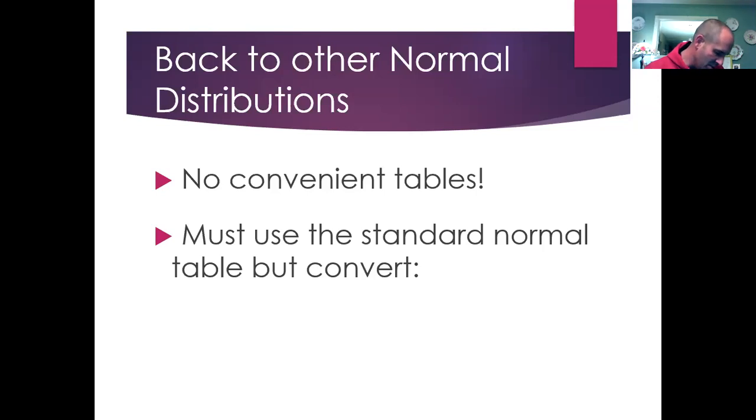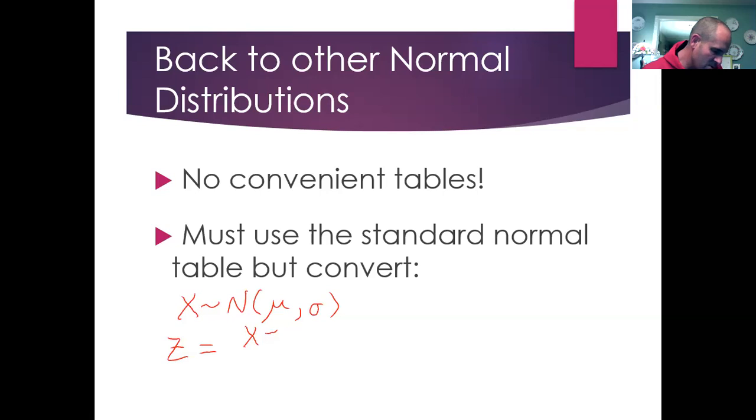How can we do it? Well, if X is distributed as normal with mean mu and standard deviation sigma, we construct Z this way. If the mean of X was mu, I need to subtract mu so that the mean is now 0.